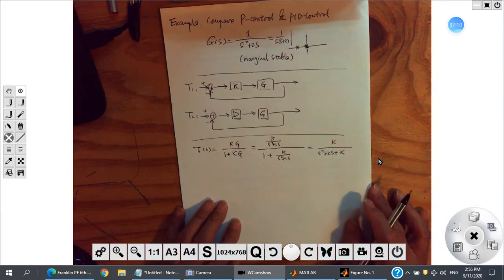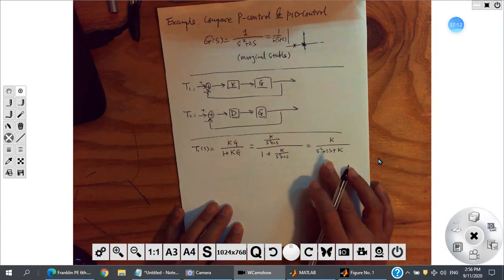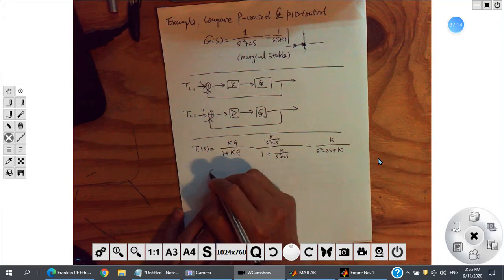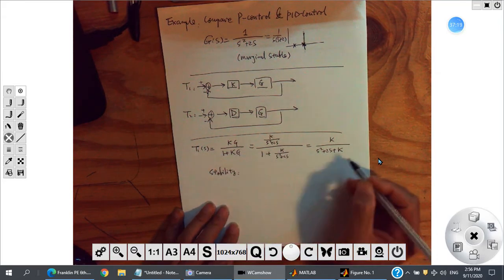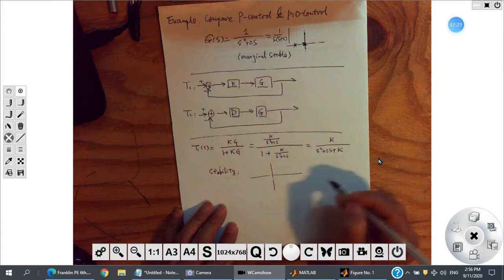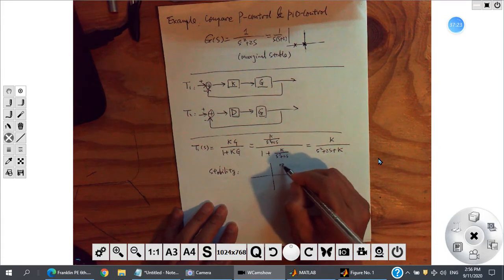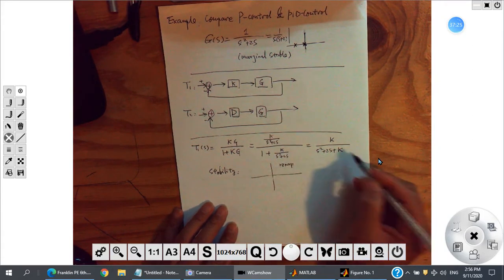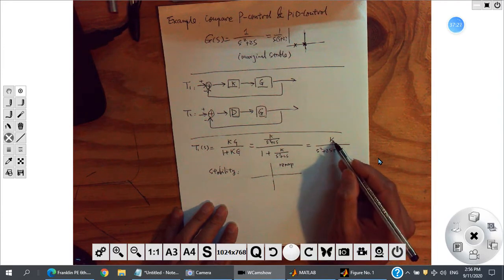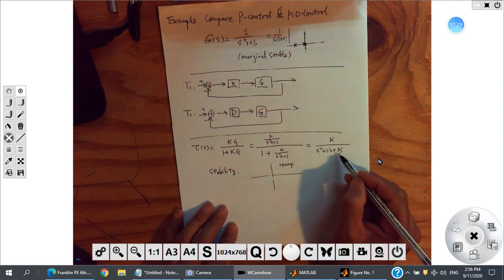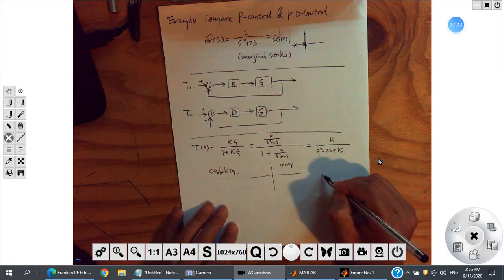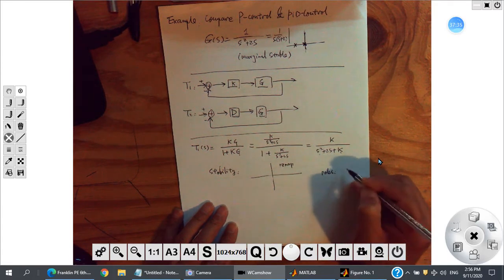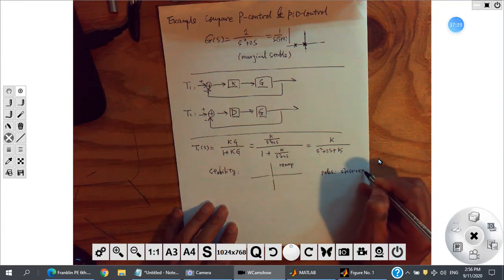Okay, so for this one, for the stability, you need to check the location of the poles, right? The PZ map. No zero, two poles. The poles will be at s squared plus 2s plus 1 plus k minus 1 equal to 0, right?